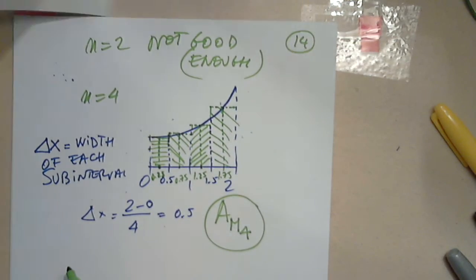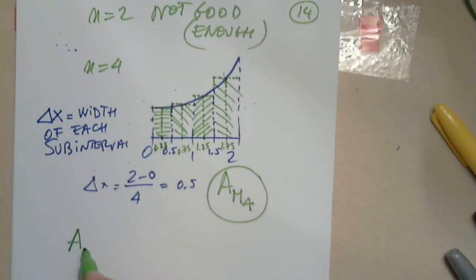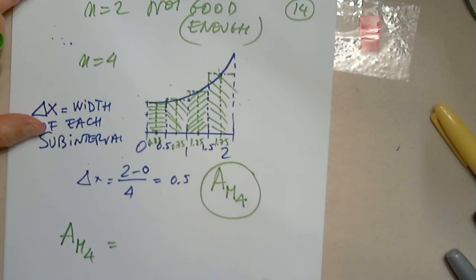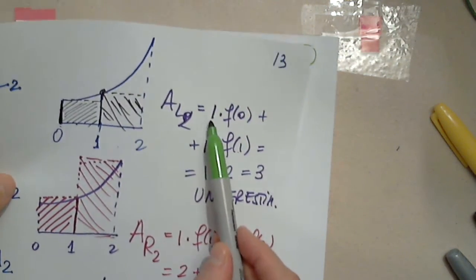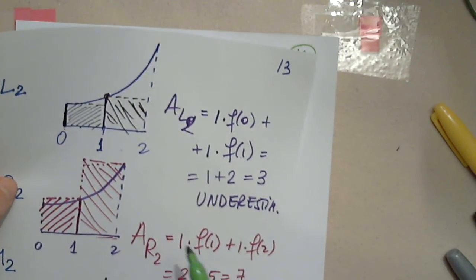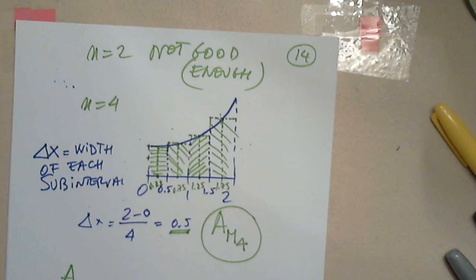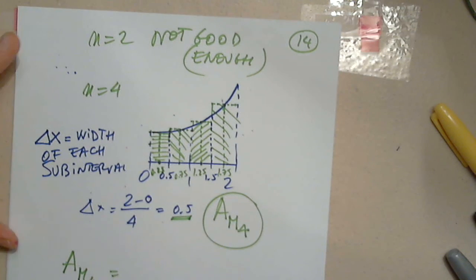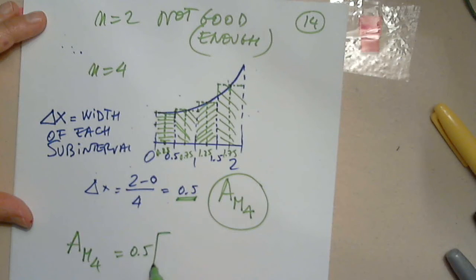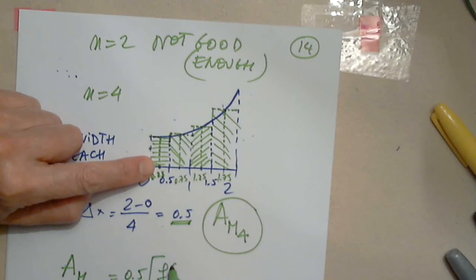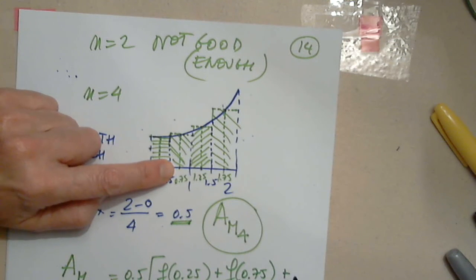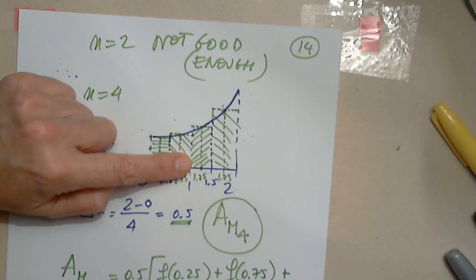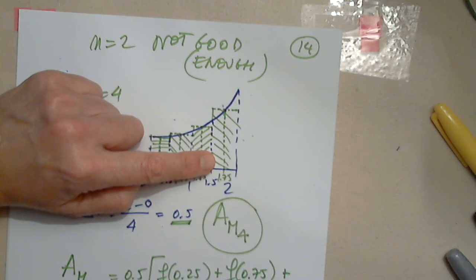So then, the area M4 equals, the width of each subinterval is 0.5. This time I want to pull it out. I don't want to write base times height, base times height, I want to pull this out already, because each and every one of them will be multiplied by delta x. f of 0.25 plus f of 0.75 plus f of 1.25 plus f of 1.75.